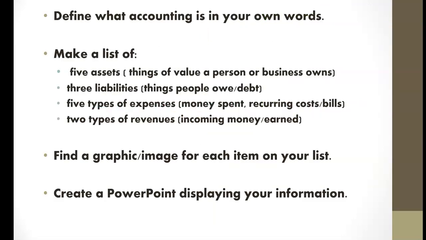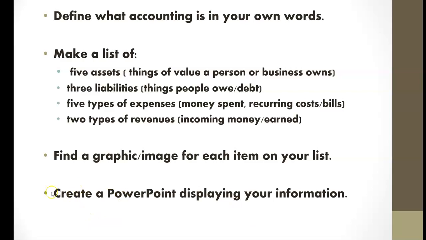Okay, so now that we have a brief overview of accounting, and hopefully we understand that accounting is just a system of recording what's happening within a business regarding their finances, what I would like you to do is to complete this activity. I mentioned to you before that with accounting, there are 4 major account types.